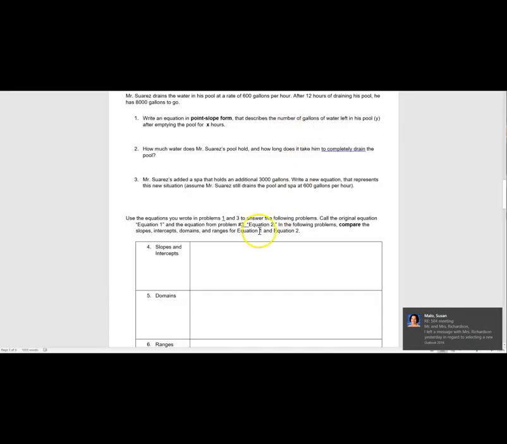All right, so next, compare their domains. Okay, so this is continuous variables, okay? And you don't absolutely have to state their domains in order to compare them, but the domain of equation 1 is X, so this is how many hours can the pool be drained for?